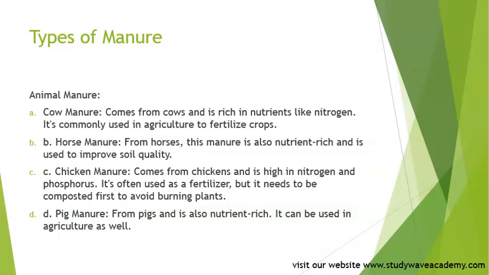So the chicken manure needs to be composted first before using to avoid burning of plants. So the chicken manure is the poo of the chicken. That is what we mean by chicken manure. Then we have the pig manure. It comes from pigs and is also nutrient rich. It can be used in agriculture as well.